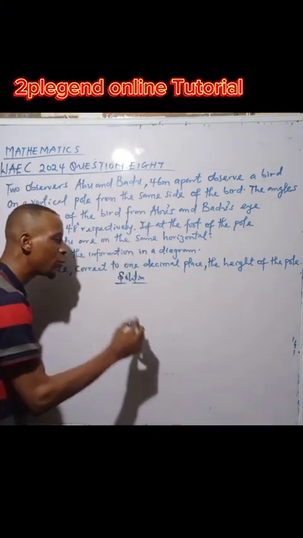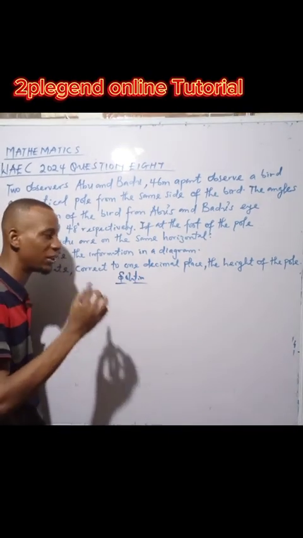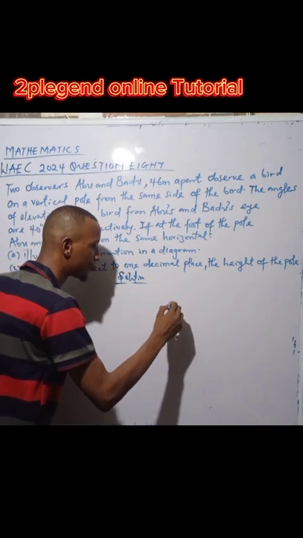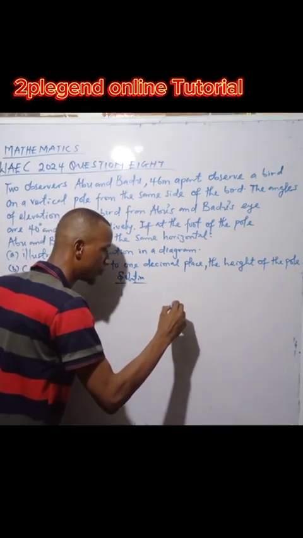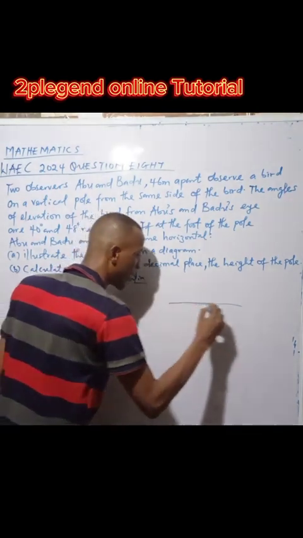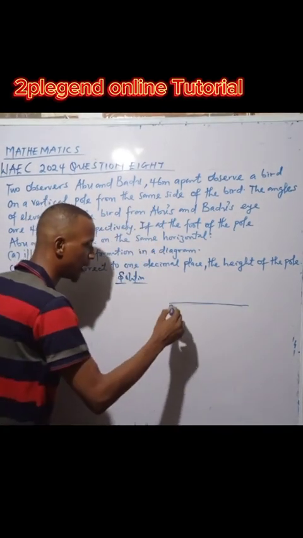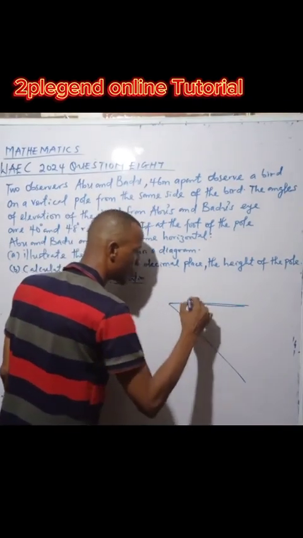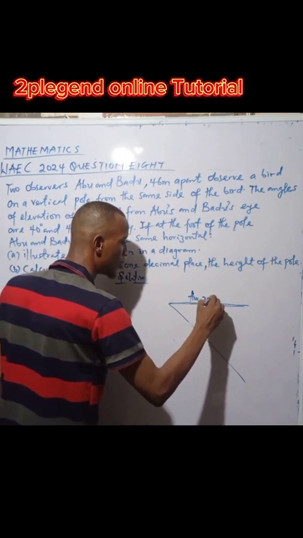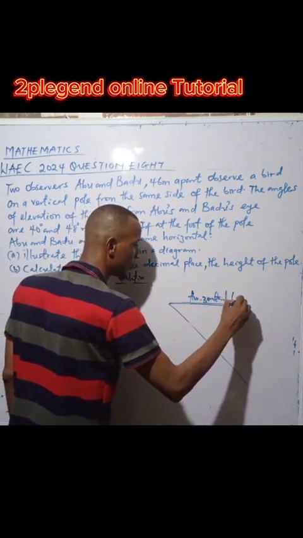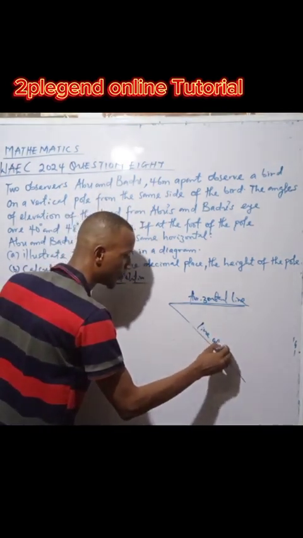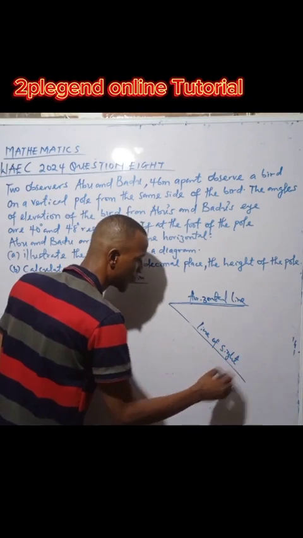Now look at this. Two observers, Abu and Badu. Let me say something. When we are looking at angles of elevation and depression, number 1, there is something that we call the horizontal line and the line of sight. So this is your horizontal line, and this is regarded as a line of sight.